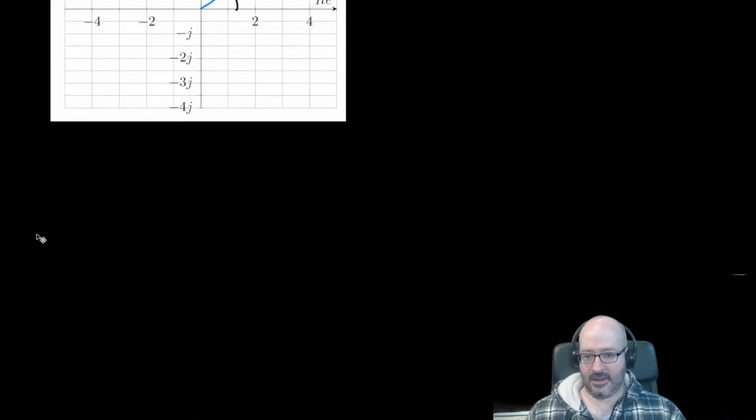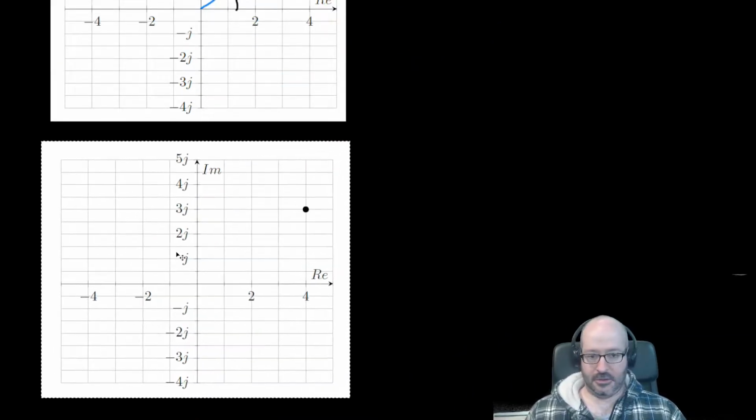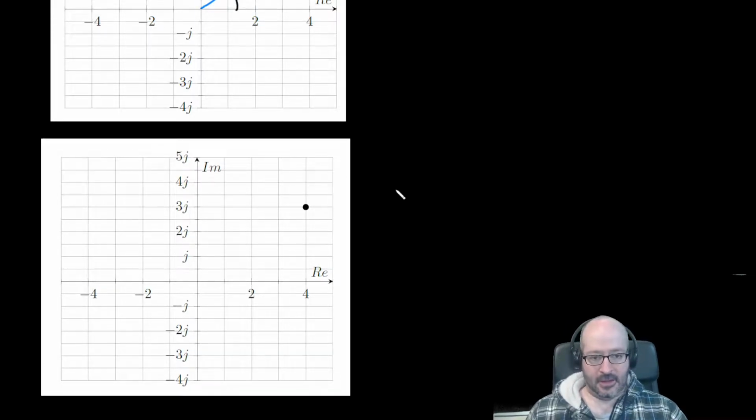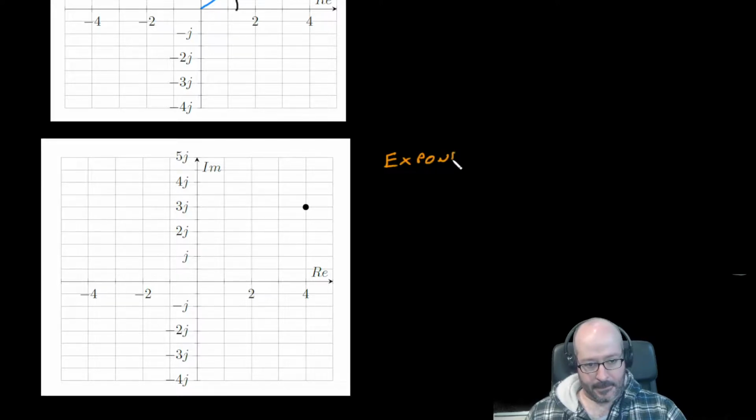So let's get a fresh image down here and let's look at exponential form. Okay, exponential form uses the same distance out here, right? Okay, distance from the origin, just like before. So that was plus 5.